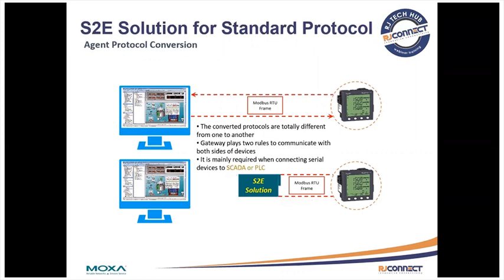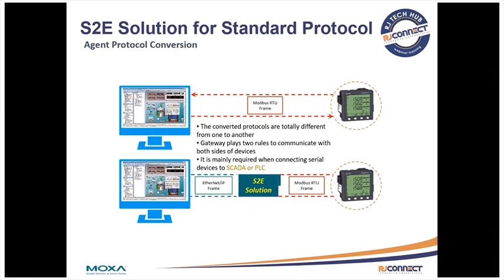But what happens when we need to convert from one protocol to a totally different protocol? This is what's called an agent protocol conversion. So the converted protocols are totally different from one another. The gateway plays 2 roles to communicate with both sides of devices. It is mainly required for connecting serial devices to a SCADA or a PLC.